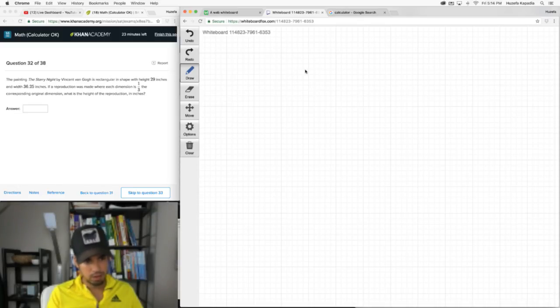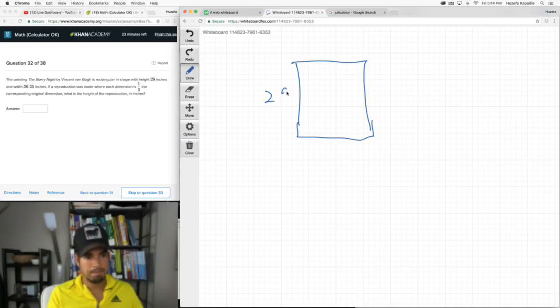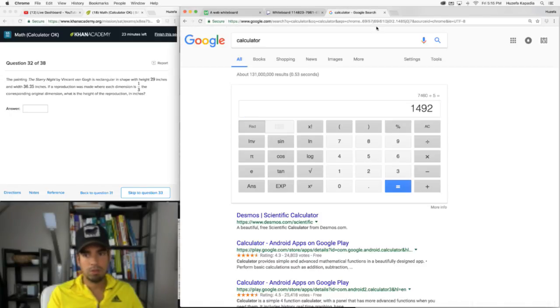Next, the painting Starry Night by Vincent van Gogh is rectangular in shape with height 29 inches and width 36.25 inches. If a reproduction was made where each dimension is 1/3 the corresponding original dimension, what is the height of the reproduction? It's just 1/3 of the height, so 1/3 of 29. It's not going to be exact.